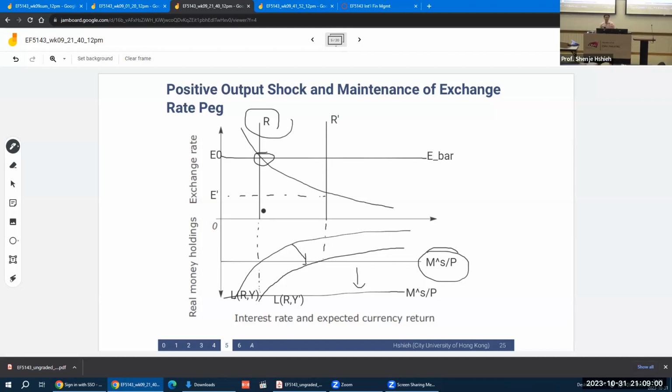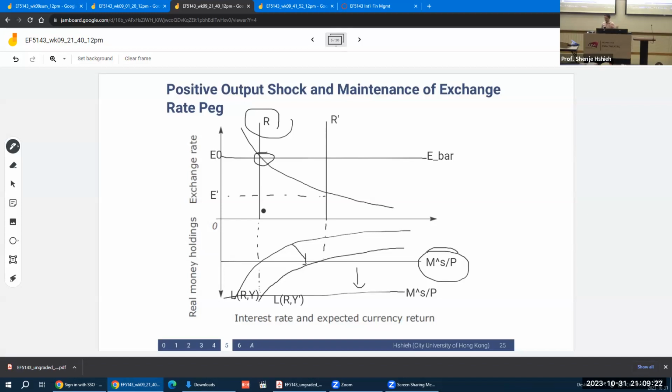Of course, if you have imperfect asset substitutability, which we haven't assumed here, you can shift the UIP curve, but that's something to think about. There's another way to restore the peg, through imperfect asset substitutability, but we haven't assumed that. We're just assuming vanilla UIP.